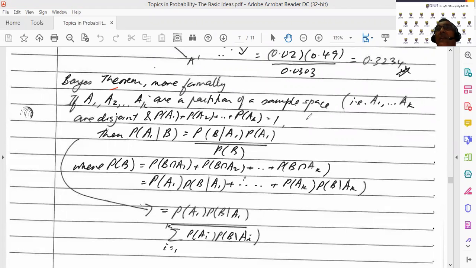You will find this idea in any statistics textbook that talks about Bayes theorem. When we talk about a partition, that means A1 up to AK are disjoint, and when you sum the probabilities of A1, A2 up to AK, it is 1.